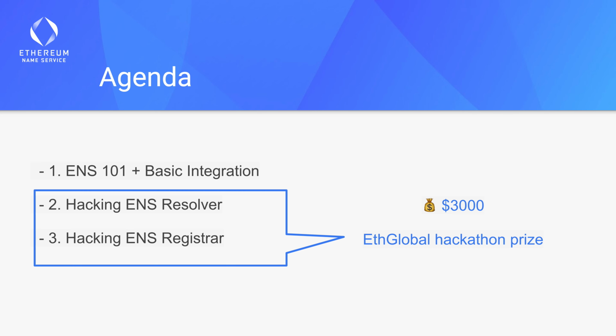For the relevance to the hackathon, in the past we used to give small prizes, like $100 worth, to many integrations for the basic one. This time we want to encourage you to discover the power of ENS and take more advantage of it. So we will not give small prizes, but rather a bigger prize pool of about $3,000 worth of ETH or USDC.